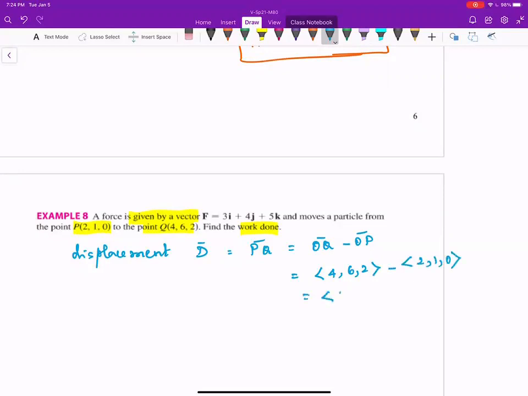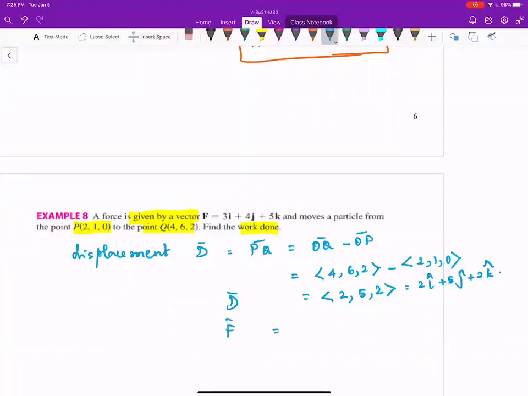It will be 4 minus 2, which is 2, 6 minus 1, which is 5, 2 minus 0, which is 2. So this is vector D, the displacement vector. If you write this in ijk form, you can write this as 2i plus 5j plus 2k.